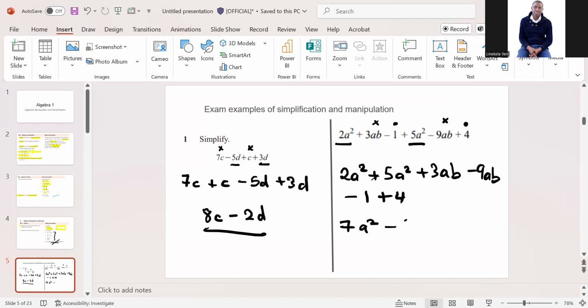So that would be negative 6ab. And then you can see here is minus 1 plus 4, which will literally just give us plus 3. And just like that, you have simplified your algebraic expression. Just pay attention, please, when you are collecting the like terms, not to change the signs, and do not add the exponents if it's not multiplication.